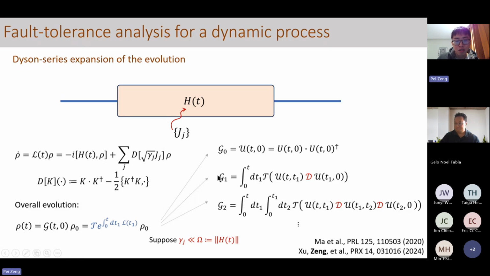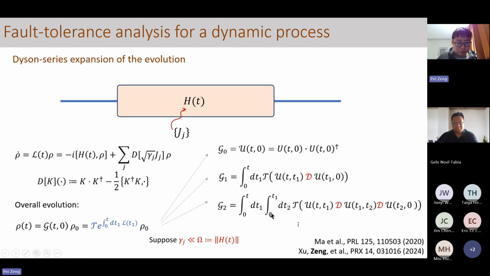For the first order expansion, you have one jump, but you will also have these back actions. The first order errors happen during this unitary evolution. For the second order expansion, you have two errors occurring during the unitary evolution. You can expand this dynamical evolution to a very high order.